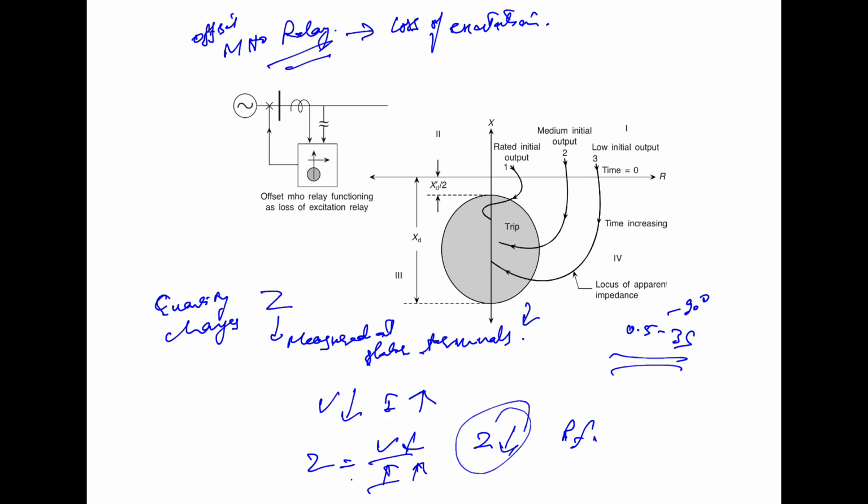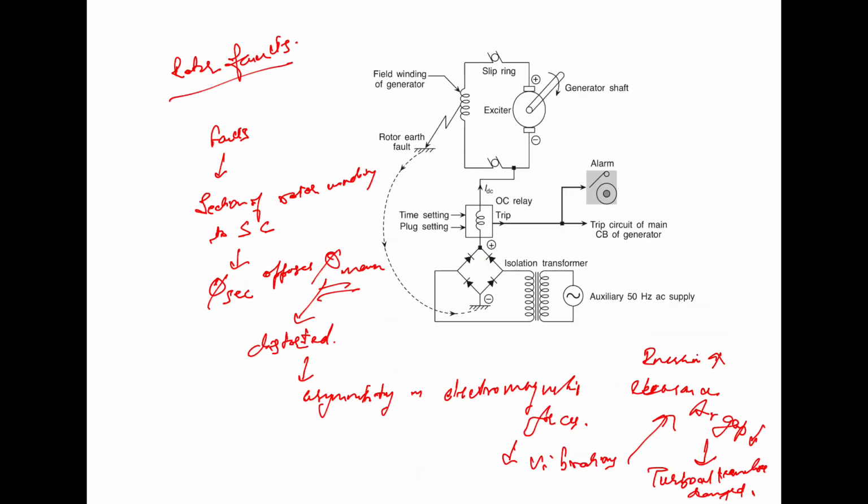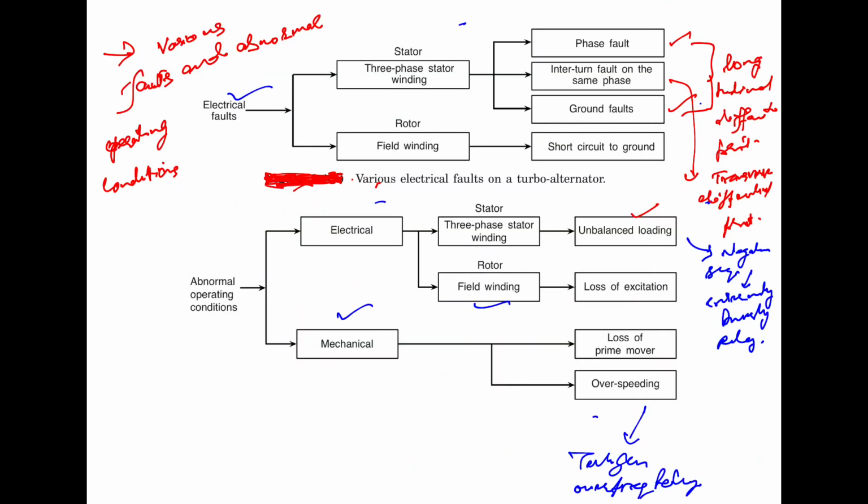For the loss of excitation, the offset mho relay is used, which is actually a distance relay. Then for the loss of prime mover, we are using the directional overcurrent relay.